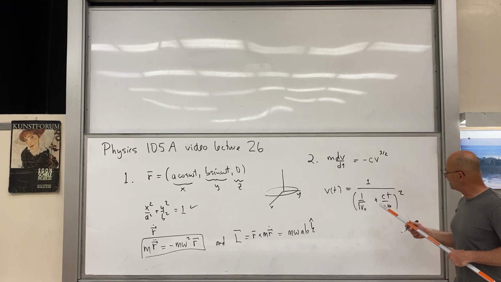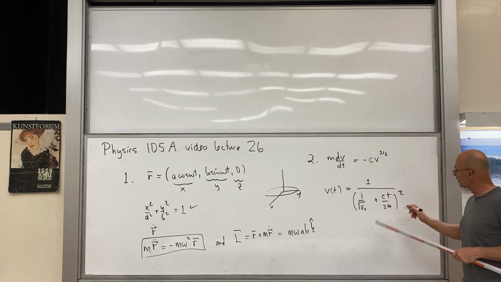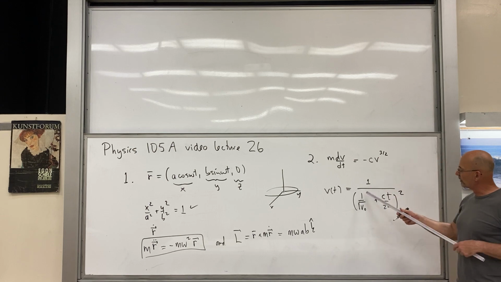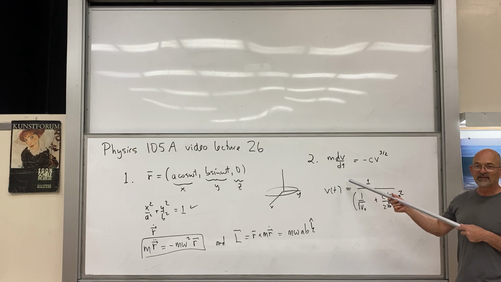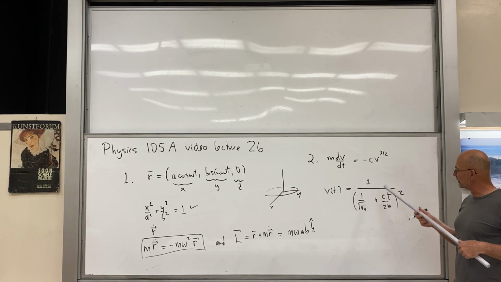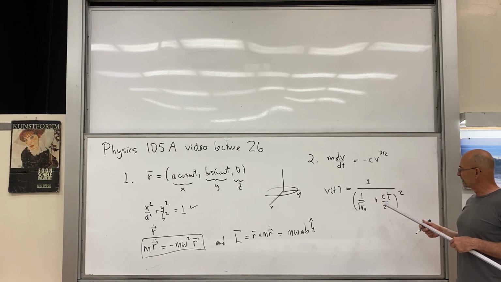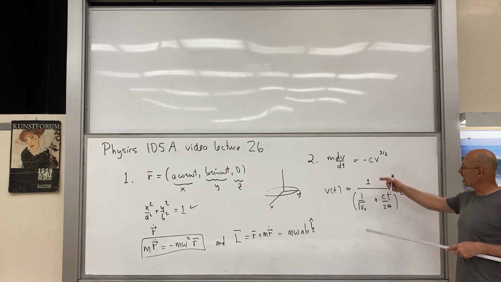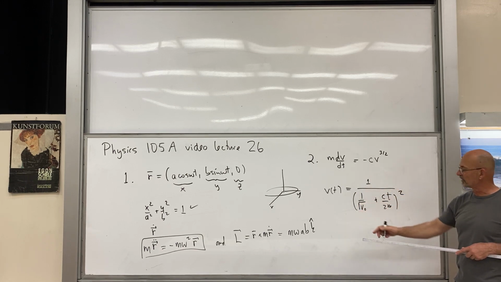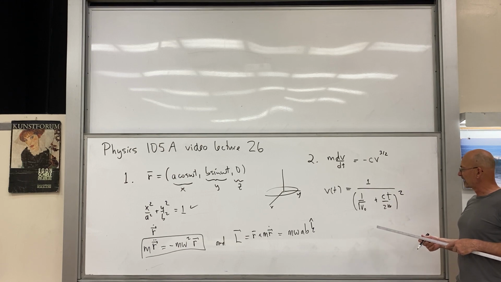So there's the answer. When t is equal to 0, you get 1 over 1 over root v0, squared, so yes, you get v sub 0. You could also express it slightly differently, for example by multiplying top and bottom by v sub 0, to make things a little more clear.